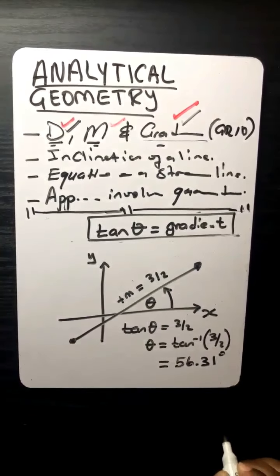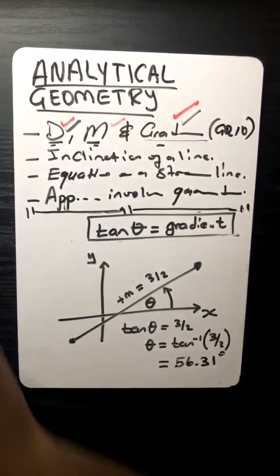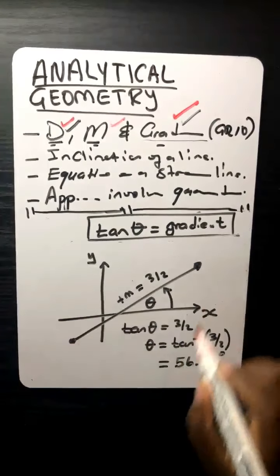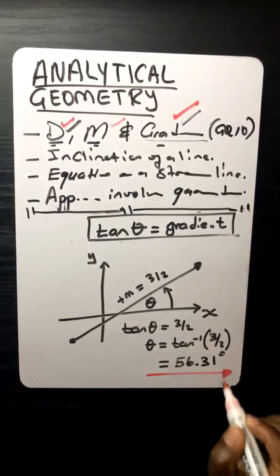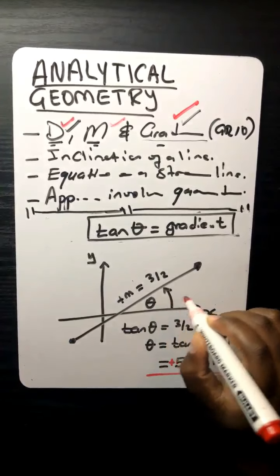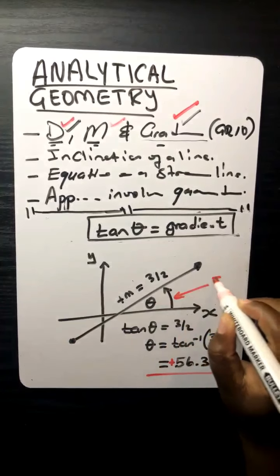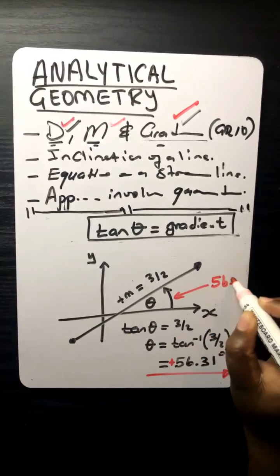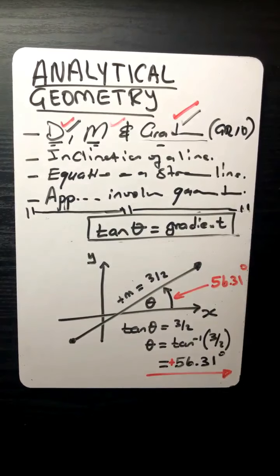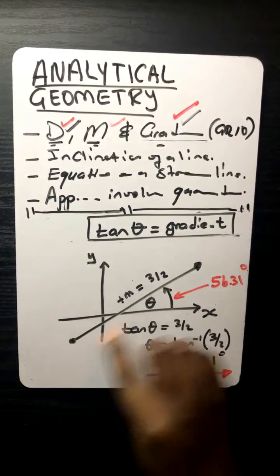Remember to say degrees so that we know it's an angle. So for a positive gradient, when you perform the calculations, you are done. You get a positive angle, which is 56,31 degrees. So that's how you calculate an angle of inclination for that line.